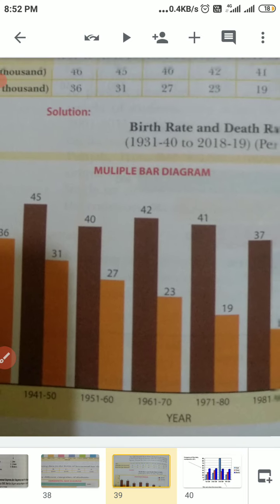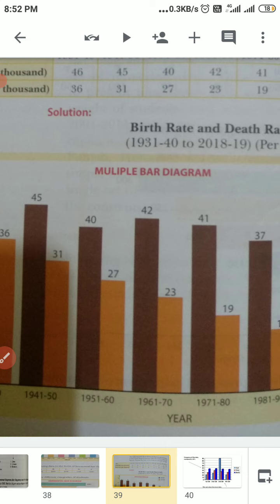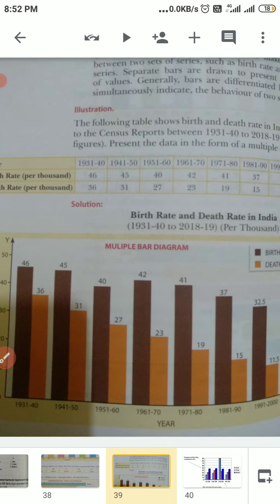So width and the space should be taken care of every time, whether you are drawing a multiple bar or a simple bar diagram. So for one set of the data, the width should be the same, and for another set of data you can draw another width also.